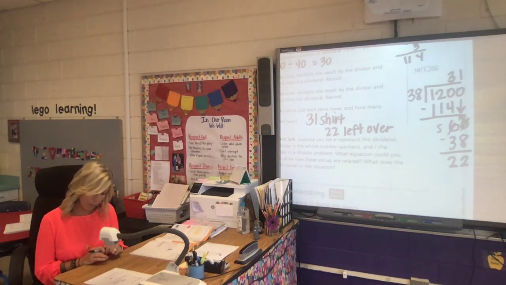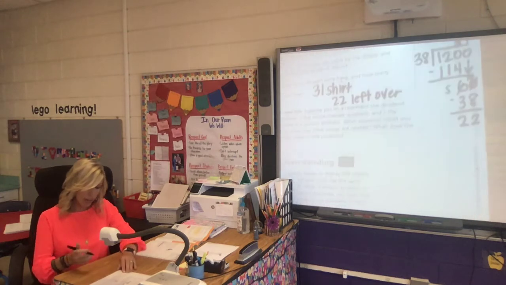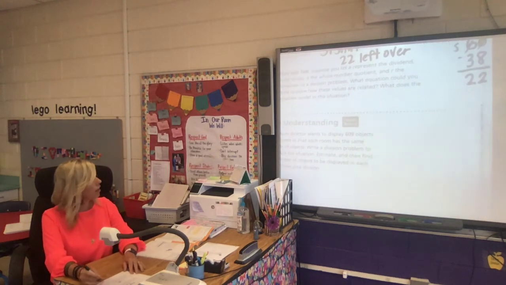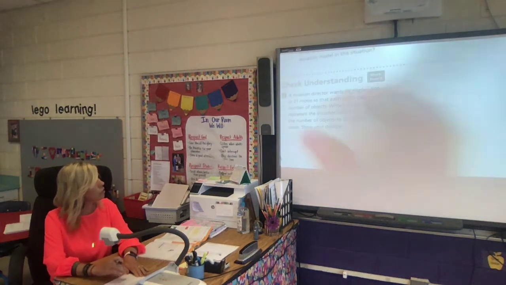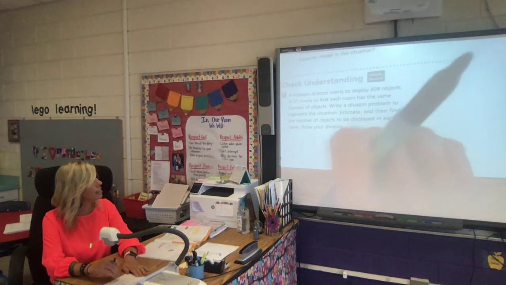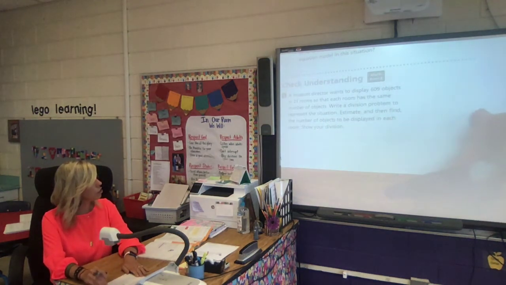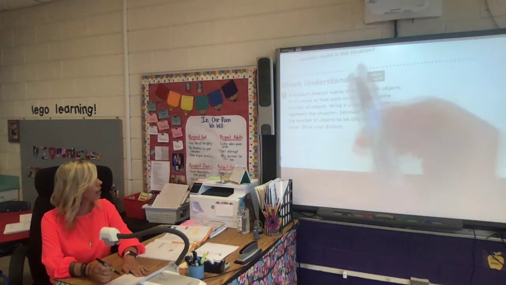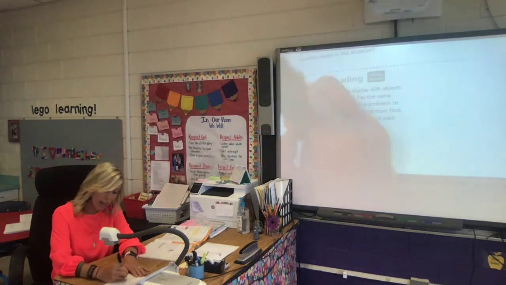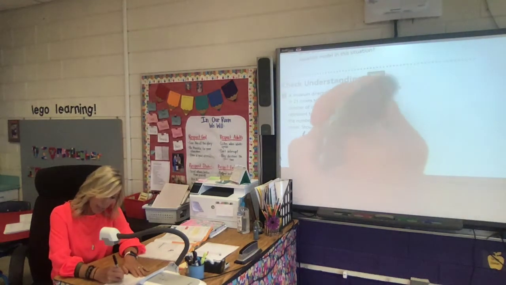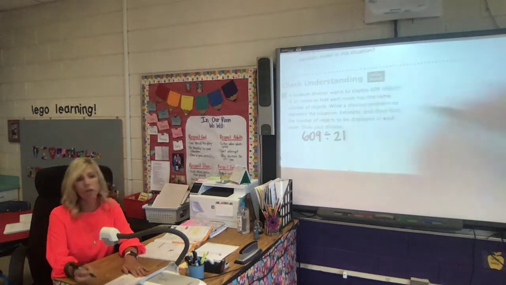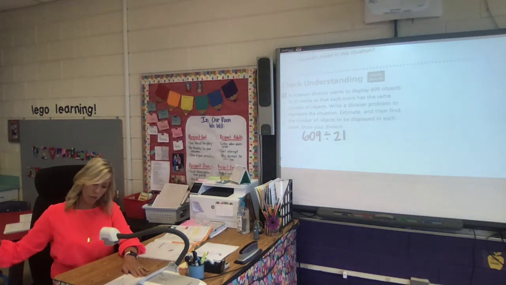Okay, let's look at number 1 down here. A museum director wants to display 609 objects in 21 rooms, so each room has the same number. Write a division problem to represent, estimate, then find. So if I have 609 objects and I want to display them in 21 rooms, I am dividing them among 21 rooms.